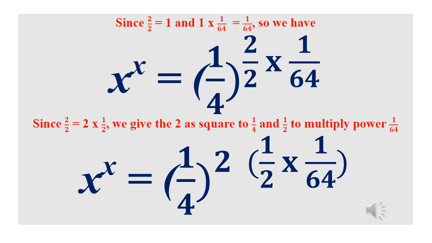Since 2 times 1 over 2 is the same thing as 2 over 2, we give the 2 to 1 over 4 as a square, and then we give the 1 over 2 to multiply the power 1 over 64. So we have x raised to power x equals 1 over 4 all squared, then raised to power 1 over 2 times 1 over 64.